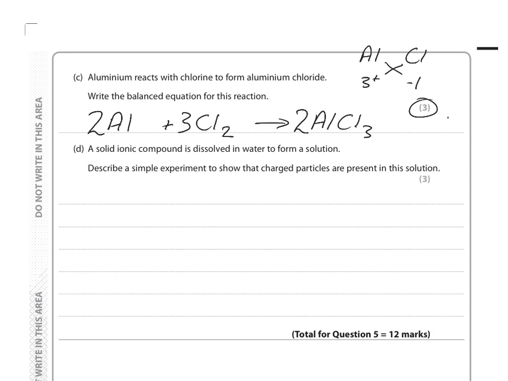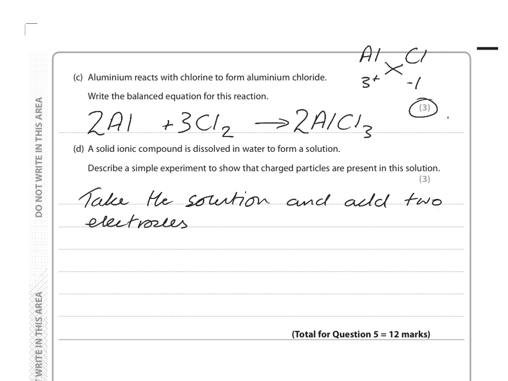So take the solution and add 2 electrodes. That's 1 mark. So what I'm doing here is I'm using the solution for electrolysis, and if I can do electrolysis on it, then it's got charged particles that can move.